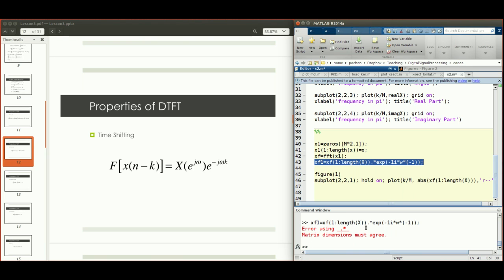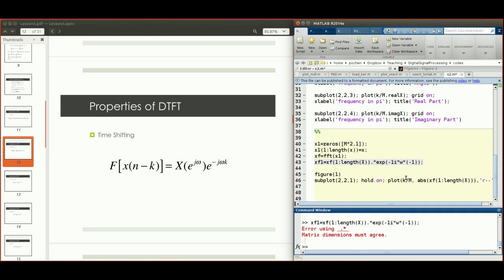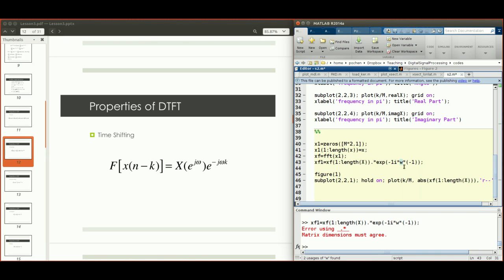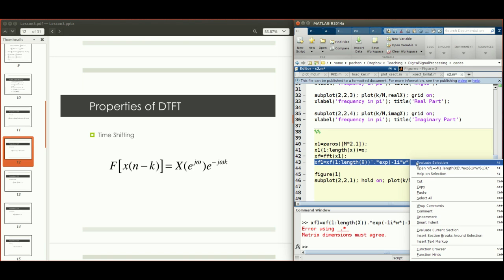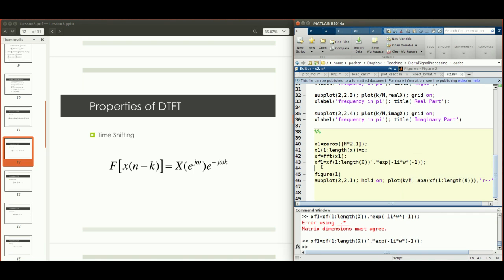Right? And let's see if this code actually works. It was saying the dimension must agree, because W is actually a row vector, but here it's a column vector. So maybe I should transpose it, or maybe I should transpose this one. I'll transpose this one. Now it works, right?